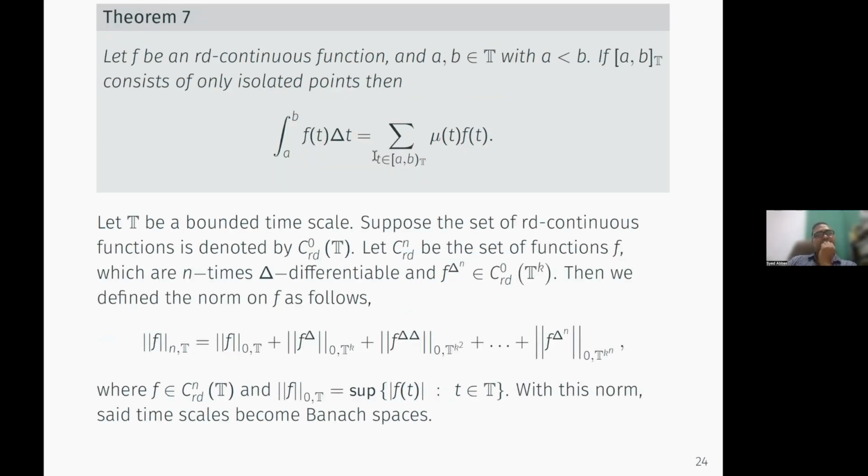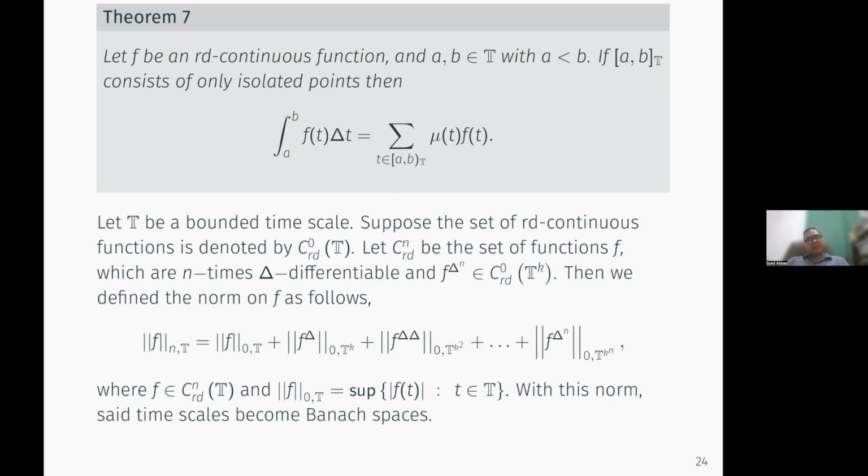Now, if f is an rd-continuous function and a, b are elements of T with a less than b, then [a,b) subscript T consists of only isolated points. Then in this case, we have this formula for the integral.